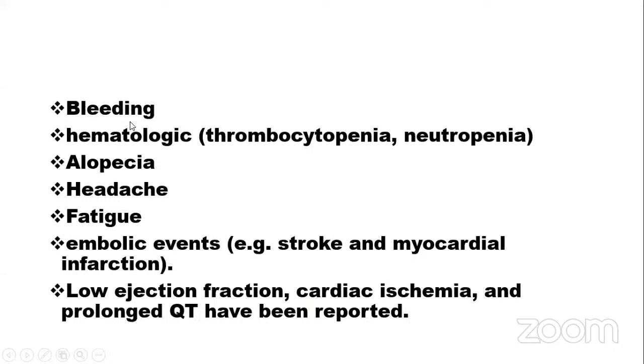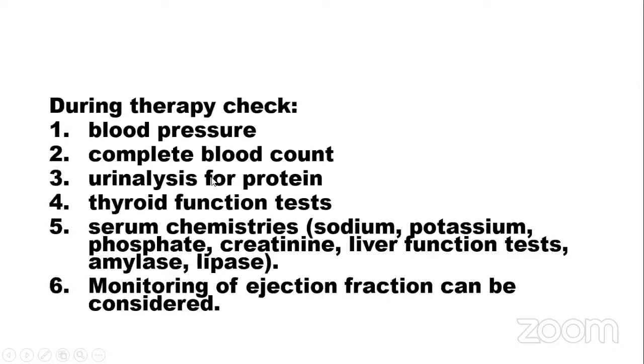Others include bleeding, hemorrhage, thrombocytopenia, neutropenia, alopecia, headaches, fatigue, and embolic events like stroke and myocardial infarction. Low ejection fraction, cardiac ischemia, and prolonged QT interval have also been reported.